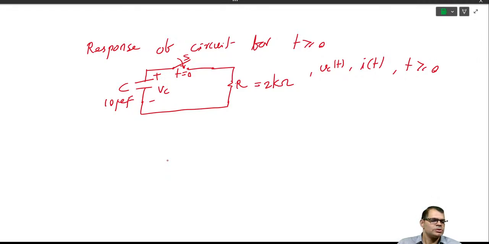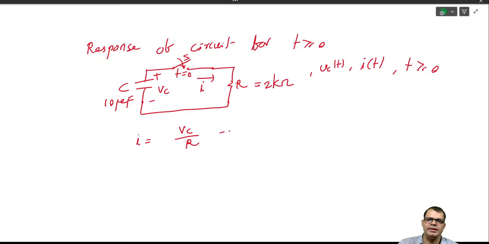For that you should have a little understanding of the differential equation, because I am not going to use Laplace transform now. So we know that I is equal to Vc upon R. Am I right?